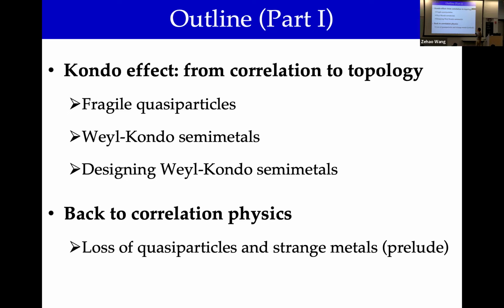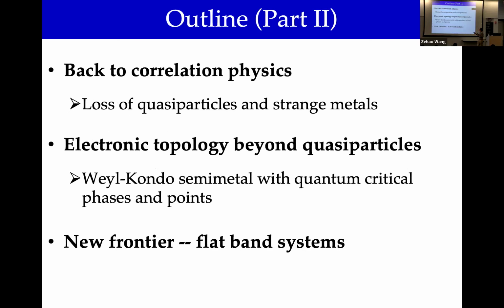So in part one, I'll just mention that such systems exist. And in part two, I'll come back to describe this correlation physics for the loss of quasi-particles and strange metallicity in a little bit of detail.